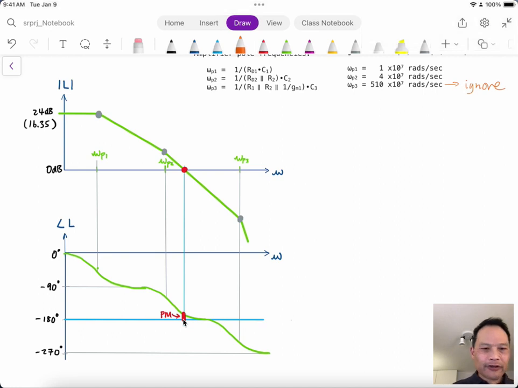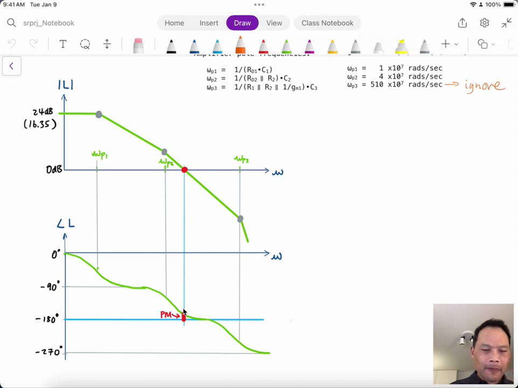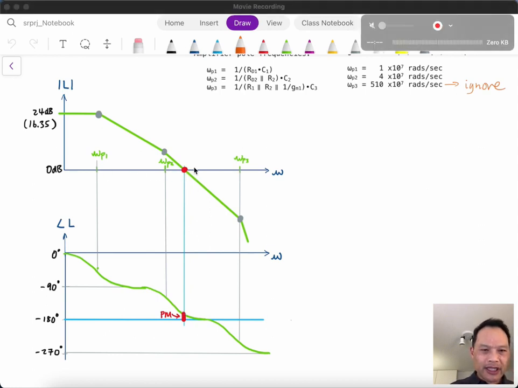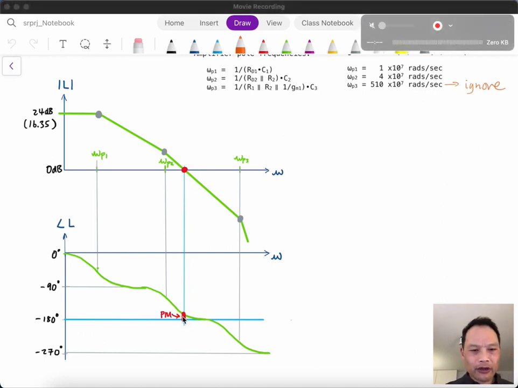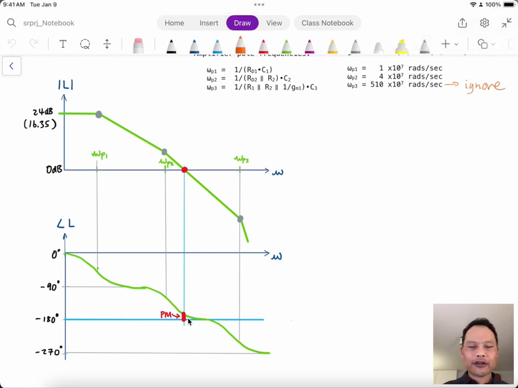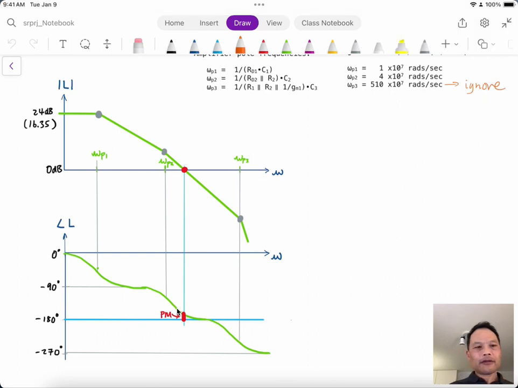Nyquist's stability criterion tells us that for a feedback system to be stable, when it reaches 0 dB, the phase can't reach 180. Here we are pretty close visually. You can see it's pretty close to 180, so the phase margin, which indicates the margin away from instability, is quite small. And so we know that's the reason behind this underdamped response.